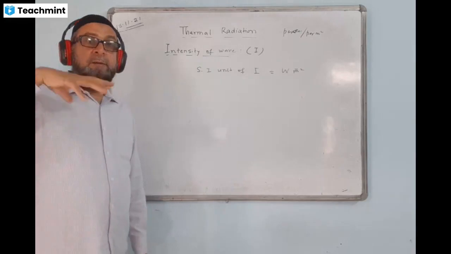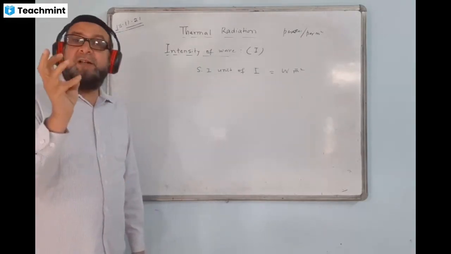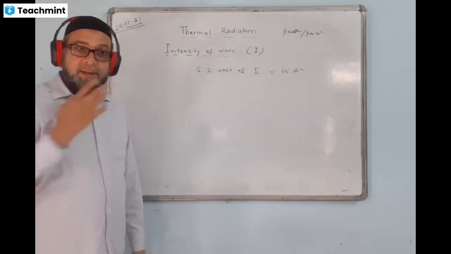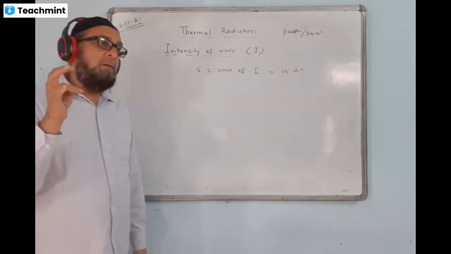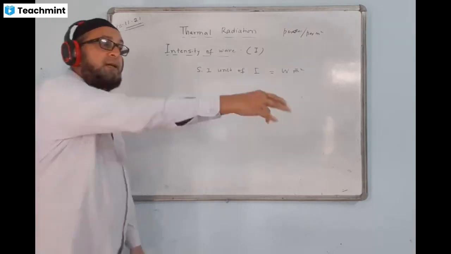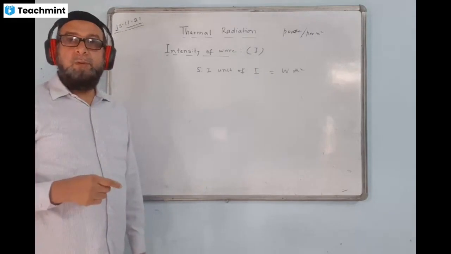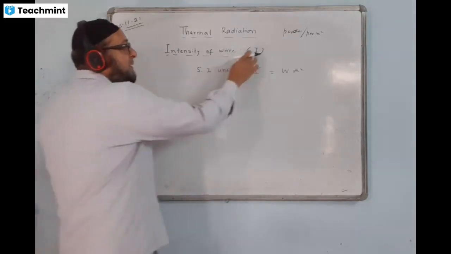So when a thermal radiation passes through a medium, a part of it gets reflected by the medium, a part of the thermal radiation gets transmitted, and some part will get absorbed. But all will take place from this intensity only.